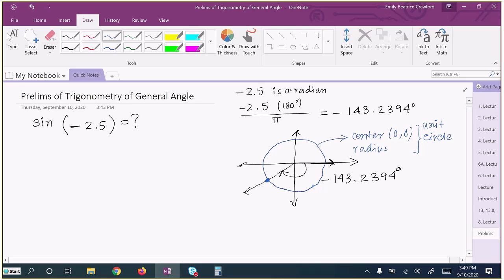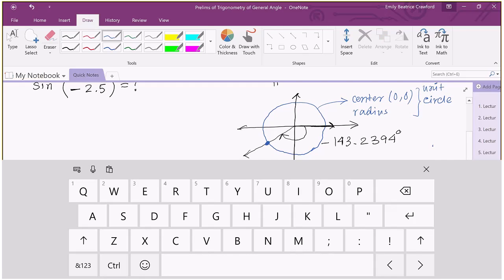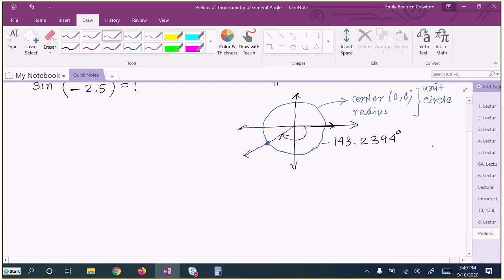With respect to this point and the two sides of the angle, there is a way to find the trigonometric ratios for this particular angle. The process is, at this point you are going to draw a perpendicular line that starts at this point and goes to the x-axis. For example, I will drop this perpendicular line, and I will just consider this much of the angle here, which, if you remember, is the reference angle.